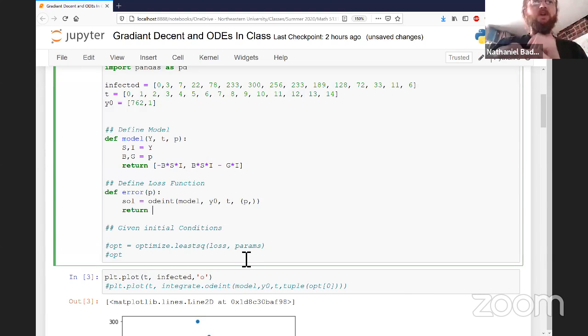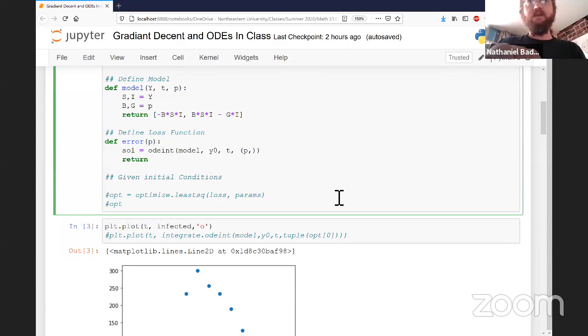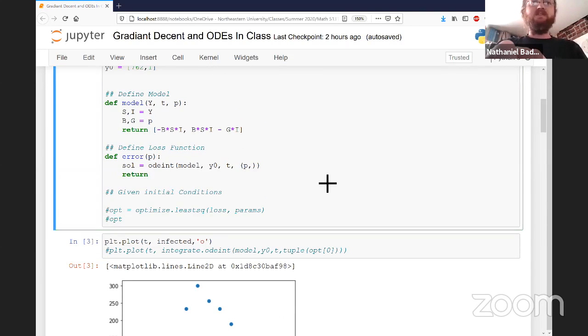And then we're going to return. We only have data for the infected, so that is the only thing we're going to be trying to fit here.